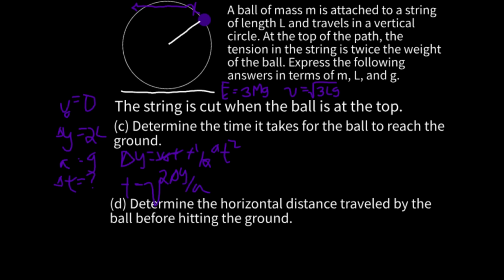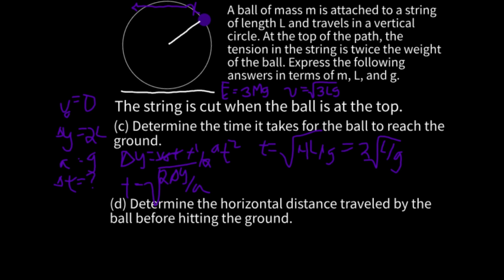Substitute in our variables to get t equals the square root of 4L divided by g, which is the same thing as 2 square root of L over g. And that is part C.